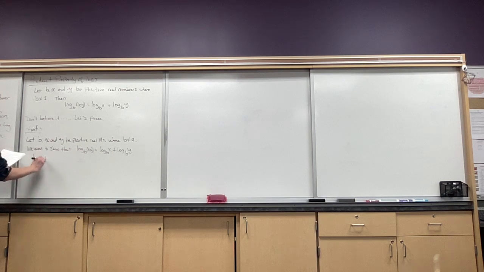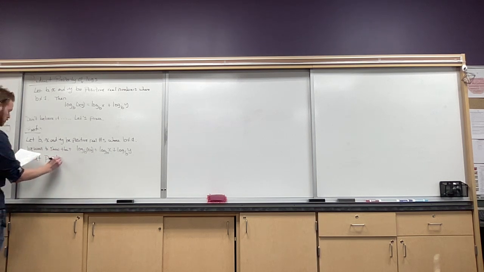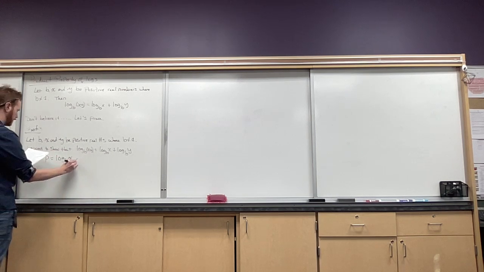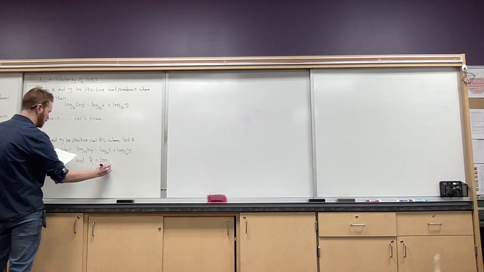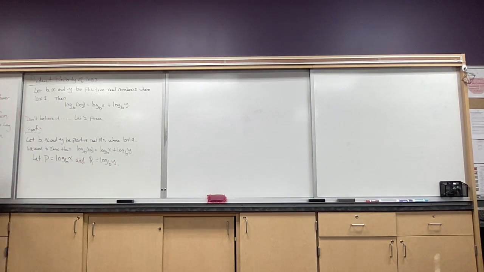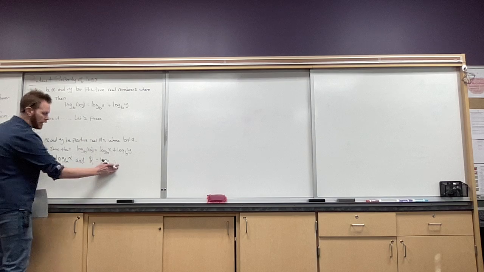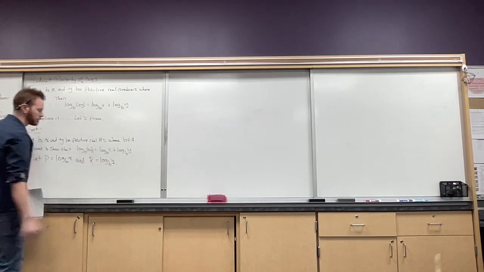So let's let the variable p equal log base b of x, and r equal log base b of y. So I'm going to replace the right-hand side with the variables p and r. Let me make that y a little bit better. There we go.